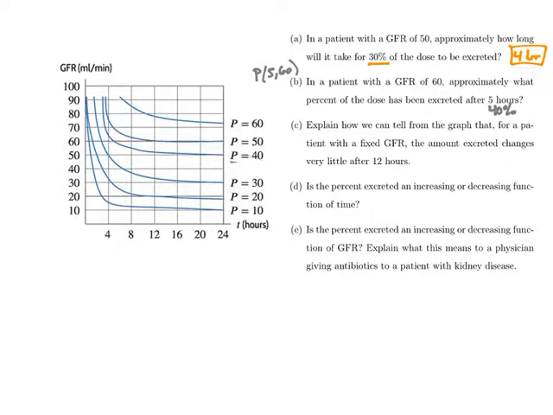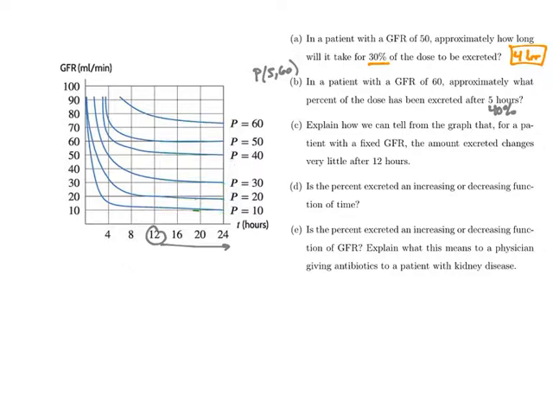All right, so from the graph, explain how we can see that a patient with a fixed GFR, so their GFR is not changing, the amount excreted changes very little after 12 hours. From the graph, we can see that if we look at 12 hours onward, these lines are all pretty much flat, which means that with a constant GFR, your percent won't change.